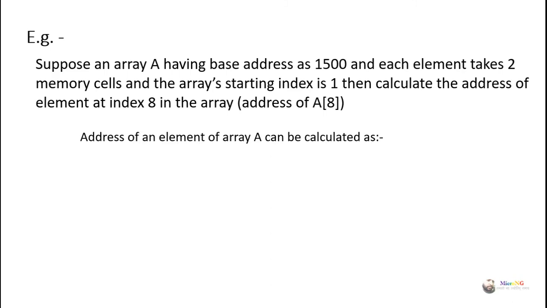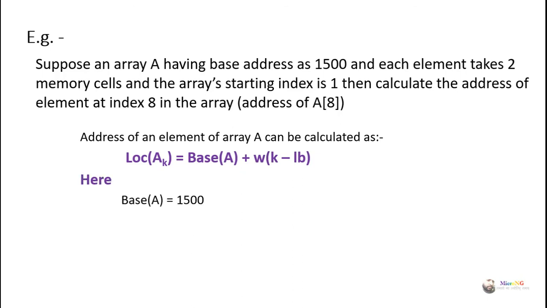Address of an element of an array A can be calculated as location of A[K] equals base of A plus W into K minus LB. So here base of A is 1500, W is 2, each element takes 2 bytes of memory cells.